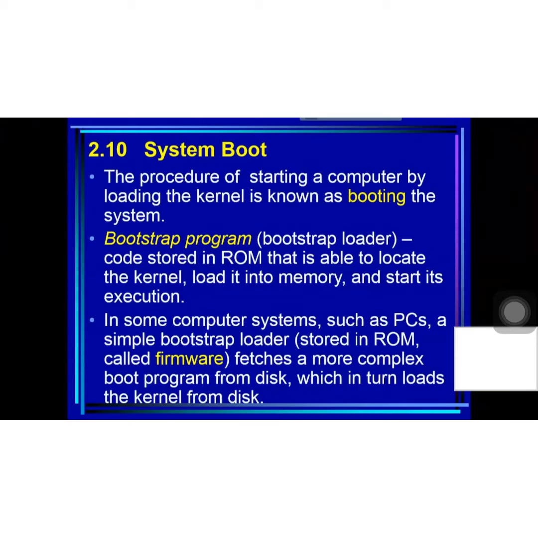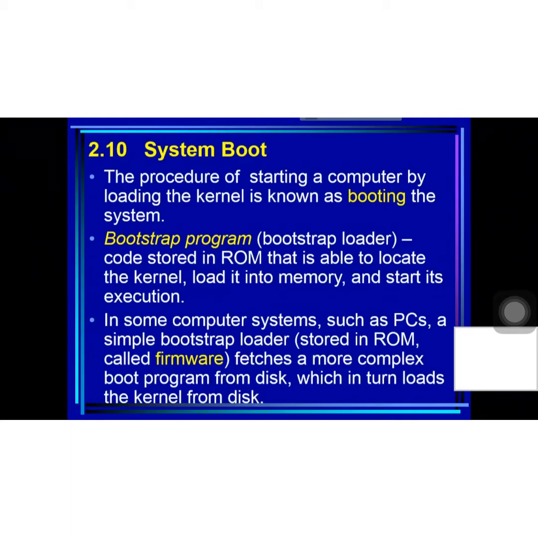Some systems, such as cellular phones, tablets, and game consoles, store the entire operating system in ROM. Storing the operating system in ROM is suitable for small operating systems, simple supporting hardware, and rugged operation.